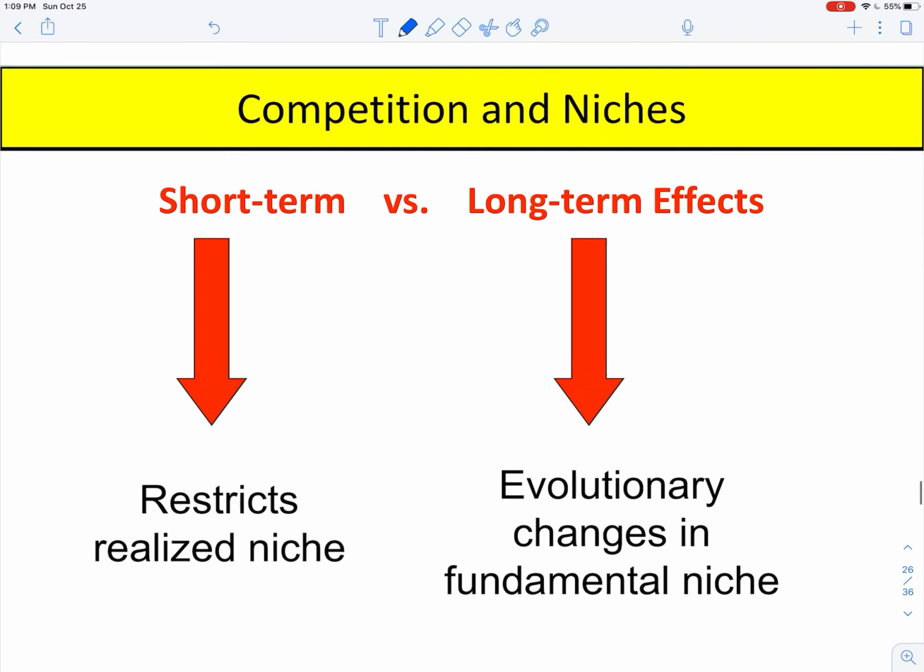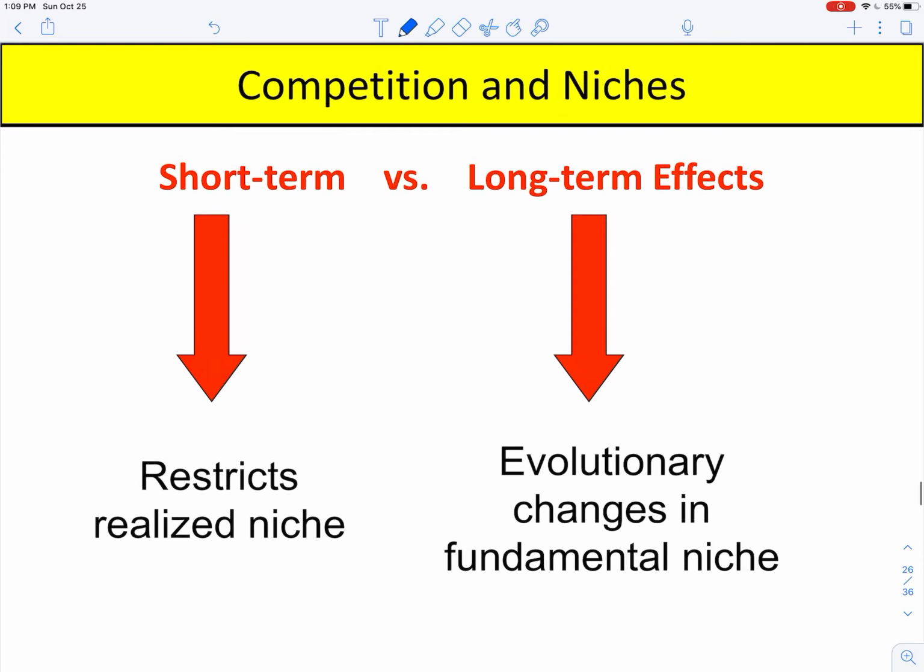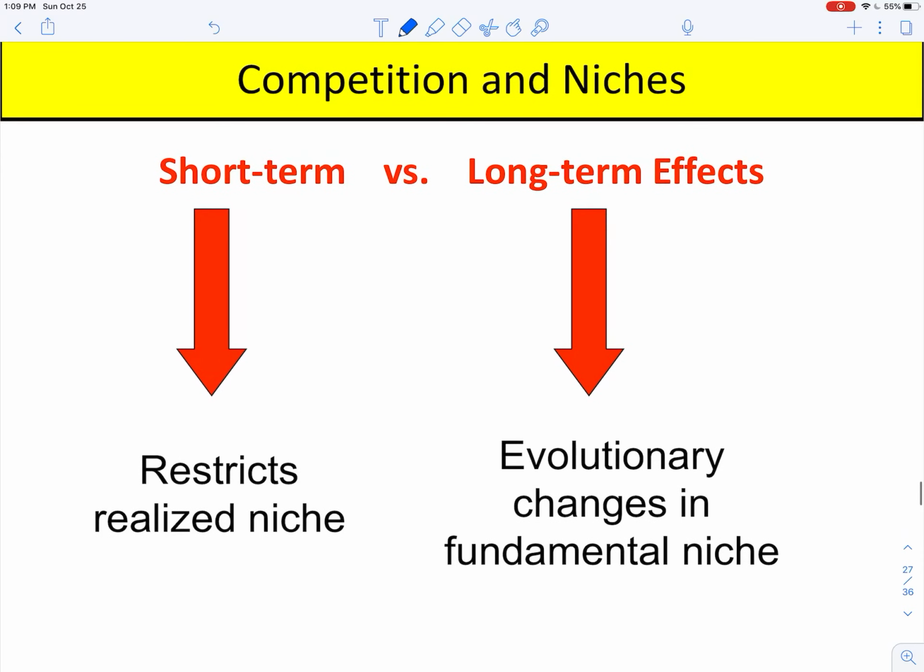So if we think about the short and long-term effects of competitive interactions and how that affects niches of species, short-term effects of competition are potentially going to restrict the realized niche if they're coexisting. But the longer-term effects of coexistence are evolutionary changes in the fundamental niche of a species.